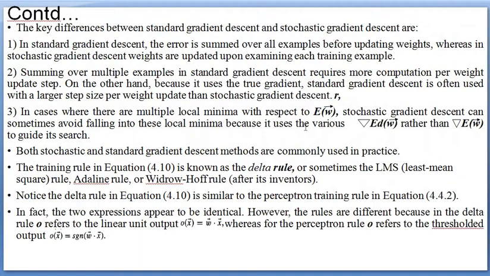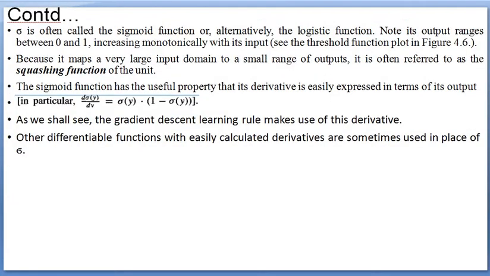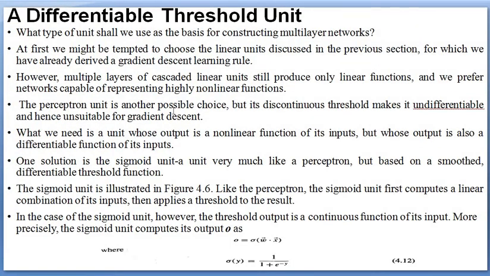Output is equal to sign of w vector dot x vector. This is called the thresholded output. So what we have taken there is a threshold unit. So here we will see the differentiable threshold unit: what is undifferentiable and what is differentiable.